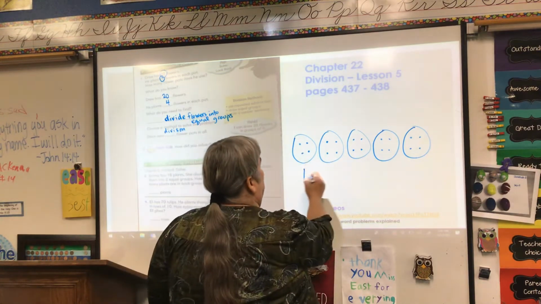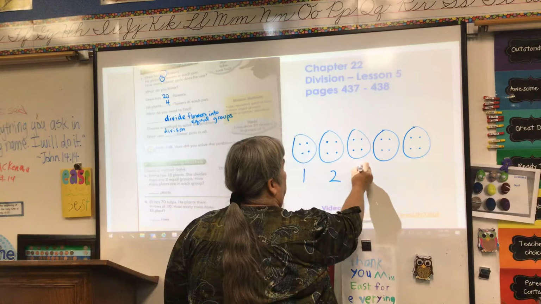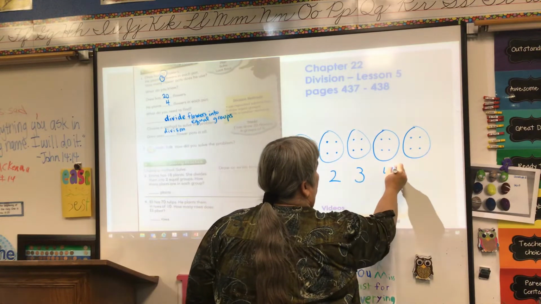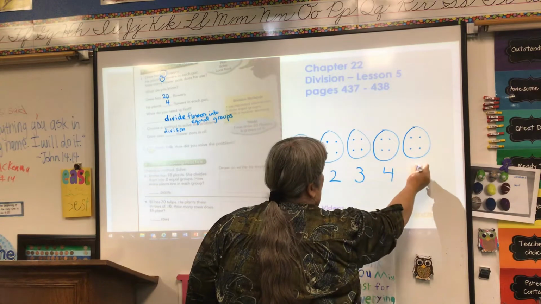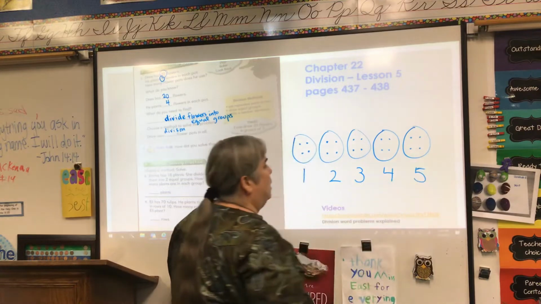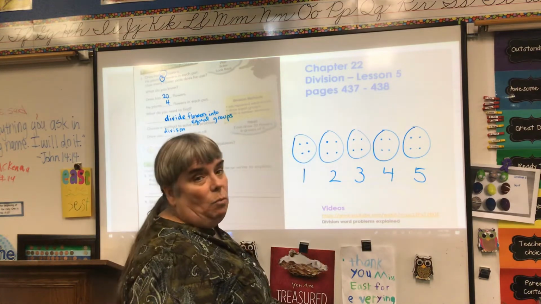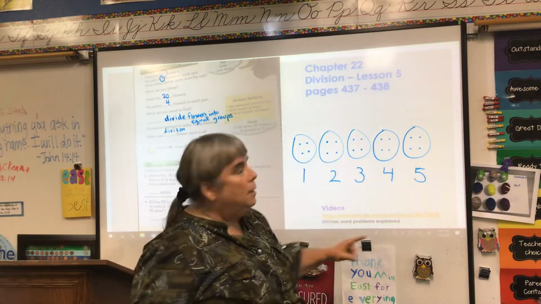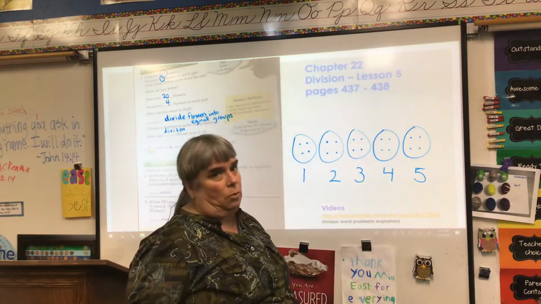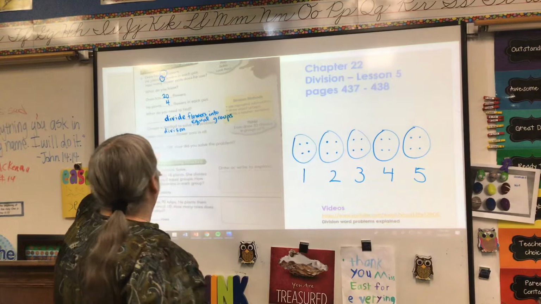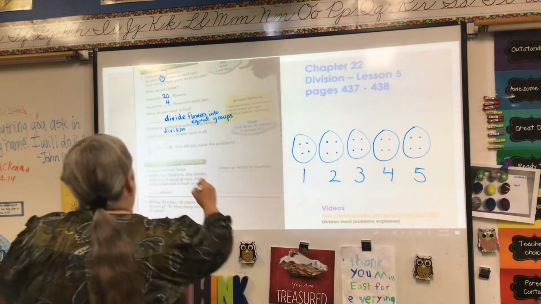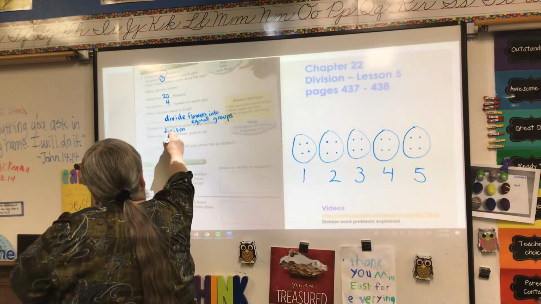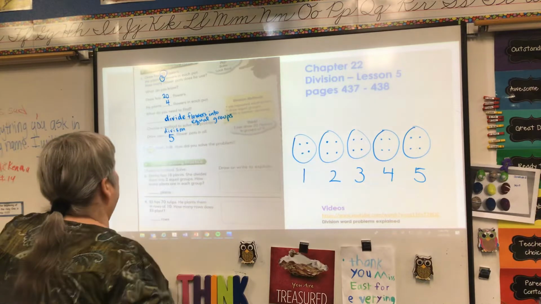So I could say there's 1 flower pot, 2, 3, 4, 5. So now what I have found out, that when I take 20 and I have 4 in each group, that I have 5 equal groups. So Drew used 5 flower pots in all.